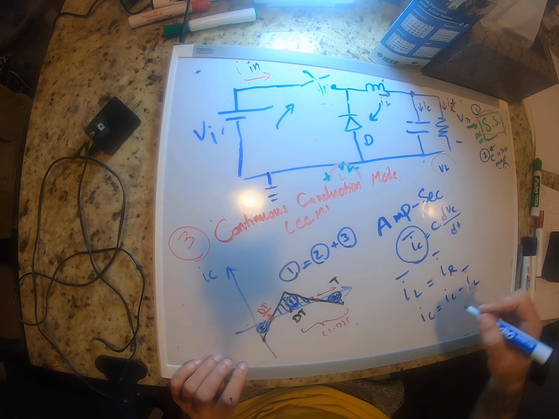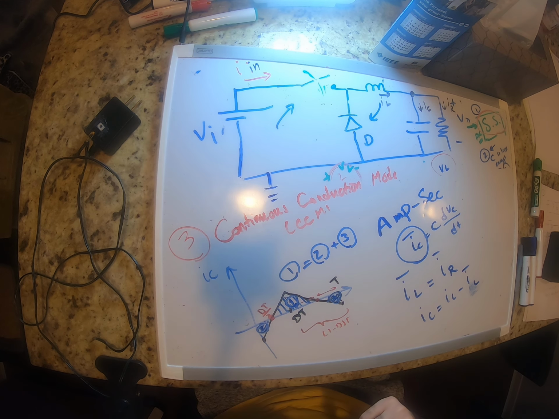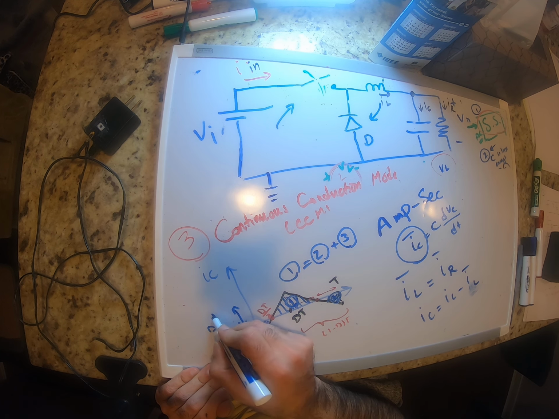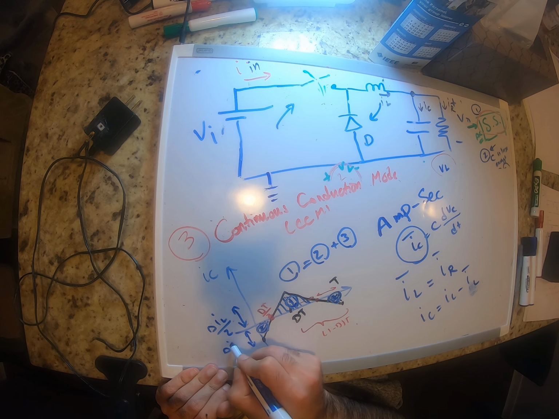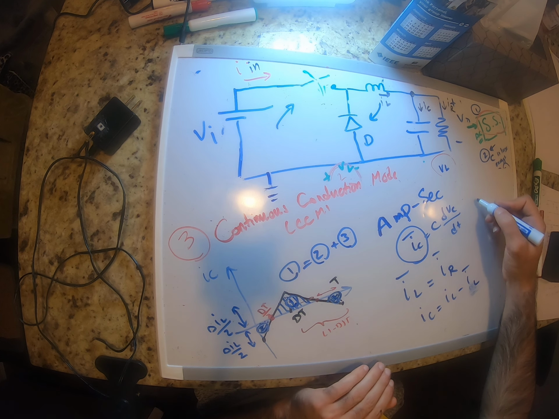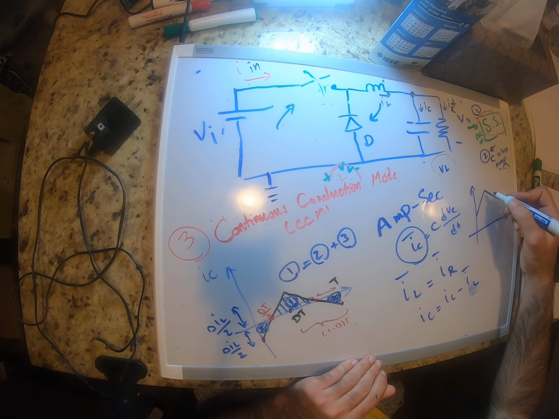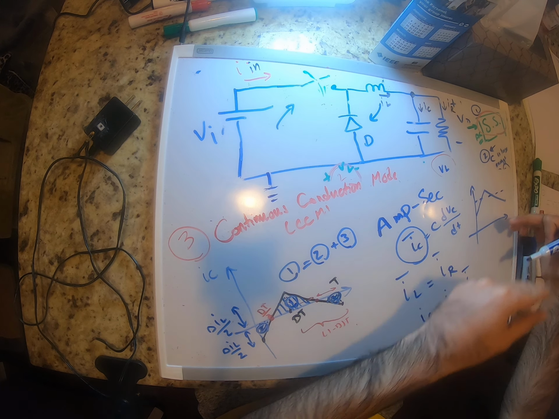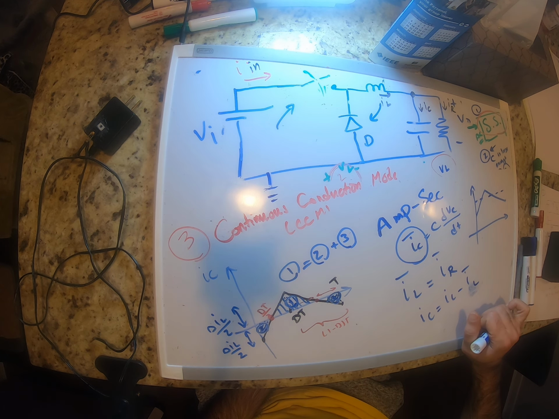The average for a triangular shape is always going to be at the half point. So this is going to be delta IL divided by 2, and this is also delta IL divided by 2. If you remember, this was the inductor current, and the average of it is at the half point. It's as if you shifted this down because you subtracted IR from IL.